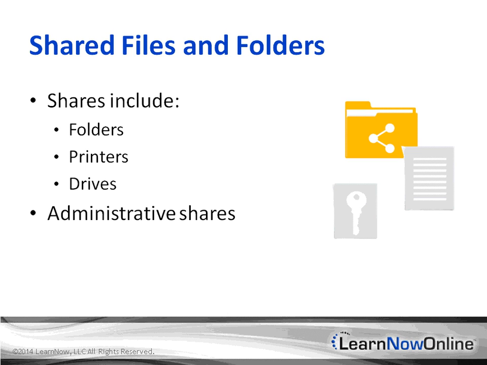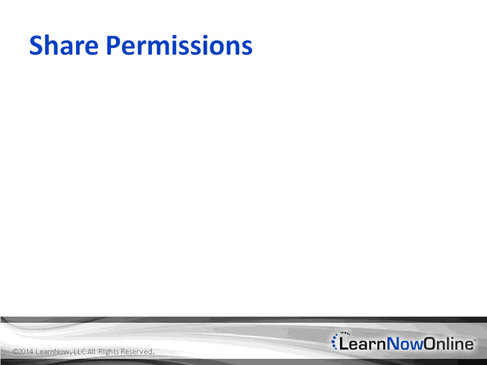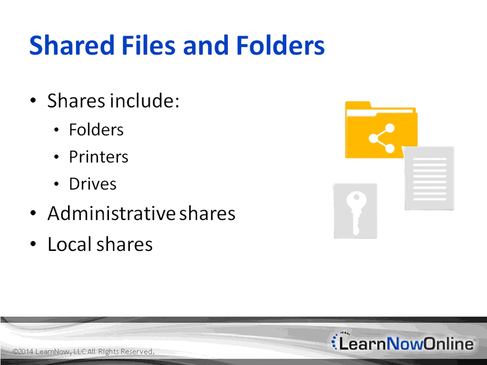An administrative share is delineated from a regular share because it has a $ sign behind it. So, for instance, for the C drive, the administrative share would be C$. An administrative share is, A, only accessible by an administrator, and B, hidden. When you list out your files and folders, you don't see all the administrative shares.